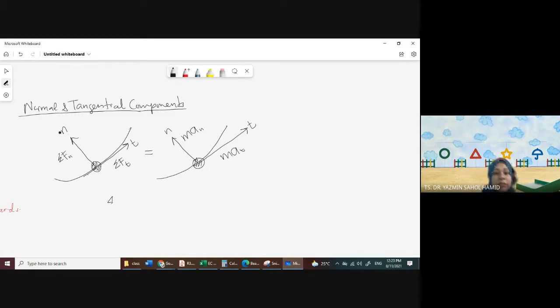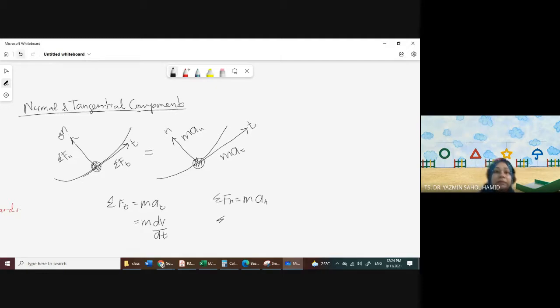Summation of forces in the tangent path will be mat, and this will equal to what? at is, do you remember, dv/dt. And then summation of forces in the normal direction, man, will equal to what?